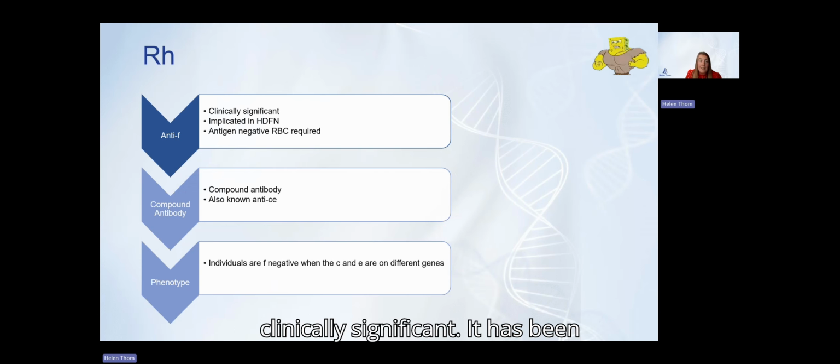So it's clinically significant. It has been implicated in HDFN, and if a patient has anti-F, you need to select antigen negative blood. But obviously, this wouldn't be listed on the unit as blood being F negative, whereas anti-little c, for example, would say that it was little c negative.